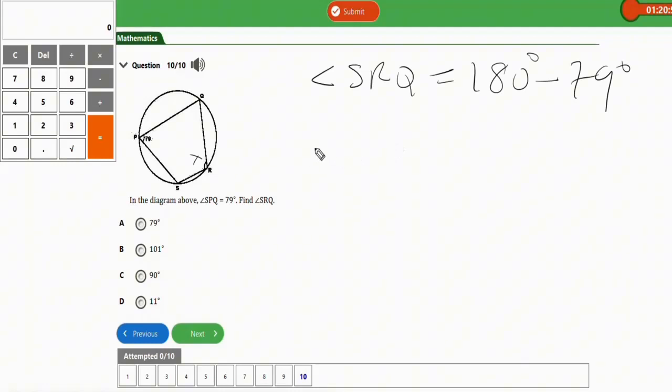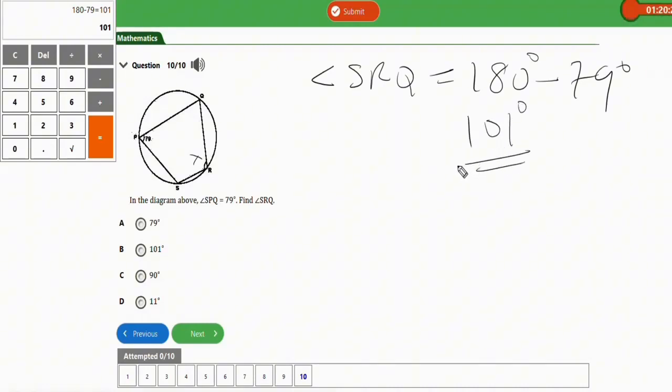So when you punch this in the calculator, you're going to have 101. Let's verify. 180 minus 79 degrees, so 101. That will be the answer to this question, 101 degrees.